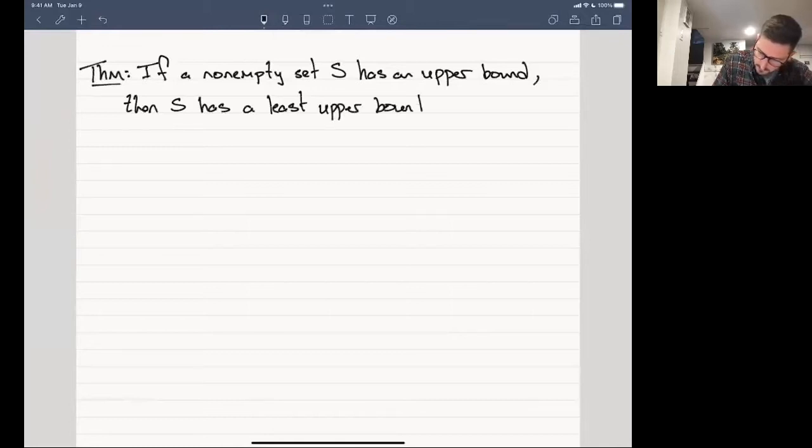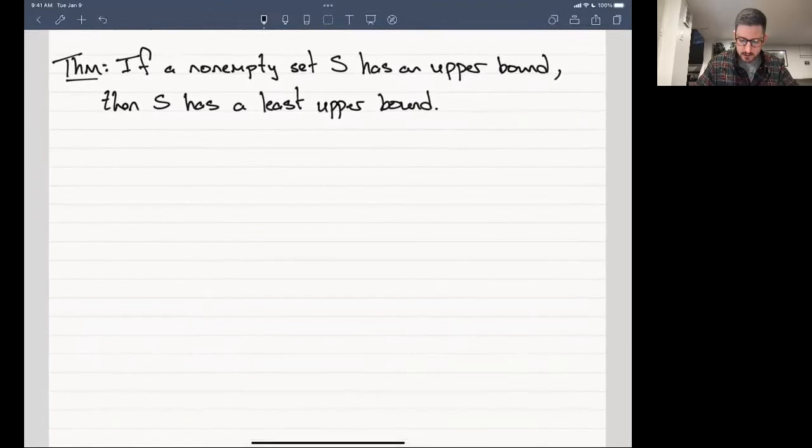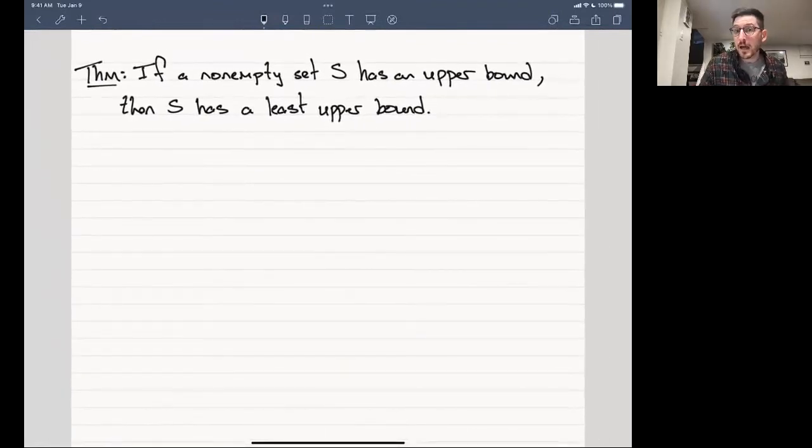So again, think about this in terms of everyone's ages in the room, right? I'm going to venture a guess that 1,000 years old is an upper bound on everyone's ages. That's a very loose guess, right? I don't think anyone has ever lived to be 1,000 years old, so it's pretty safe to say that that's an upper bound.